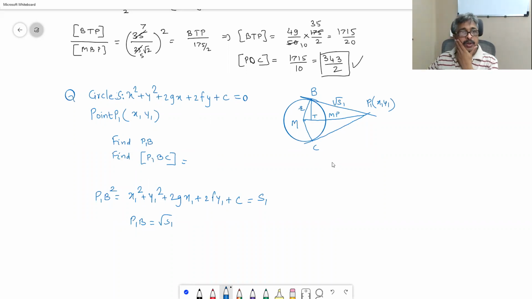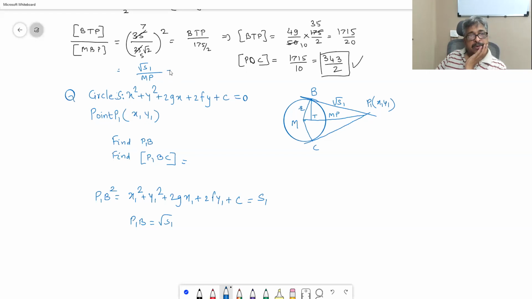I can help you out because we have got these distances here. Area BTP upon area MBP: root S1 was our BT and R was our MP. Correct? Okay, let it be MP.